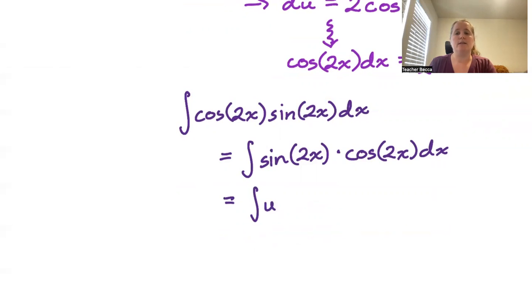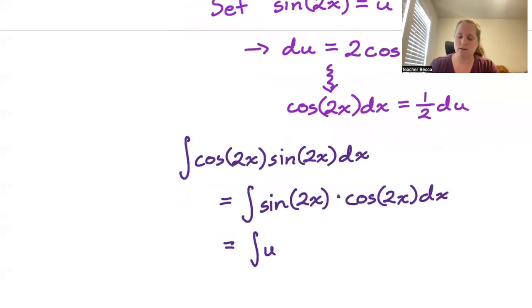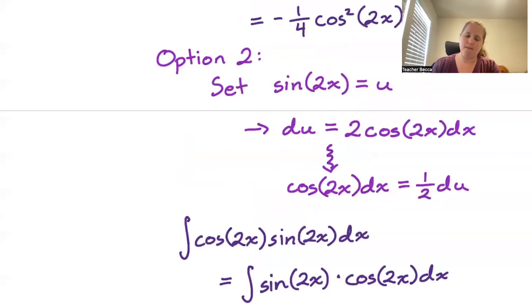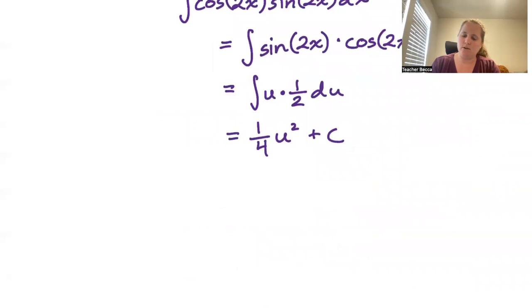Cosine of 2x dx was 1/2 du. So we have times 1/2 du. This winds up being 1/4 u squared plus c. If we plug back in, our u was sine of 2x. So we got 1/4 times sine squared of x plus c.